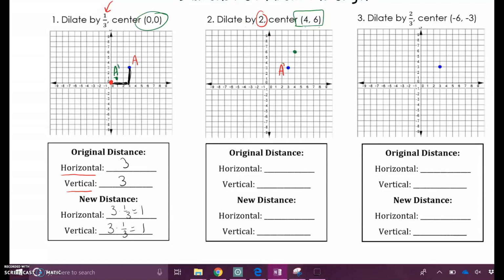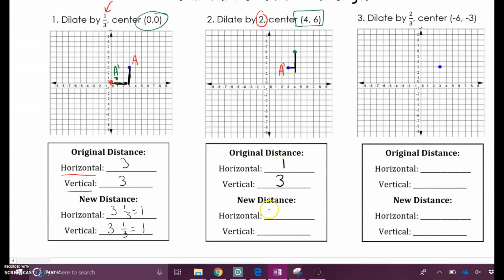So this point A, I wrote A prime again, this point A is 3, our vertical distance is 3 away from the center of dilation. The horizontal distance is 1 unit. Now, since our scale factor is 2, we're going to multiply these distances by our scale factor.